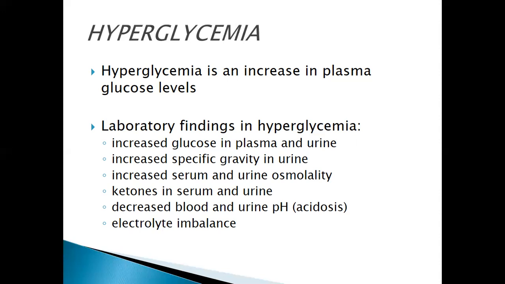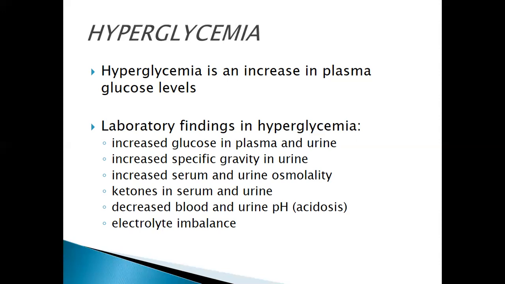Now, since the cells could not actually consume this glucose, maybe, for example, in patients with impaired insulin usage, what happens is that your body needs to find another source of energy. So in states wherein there is increased ketones, your body tends to metabolize your lipid stores or fats, eventually leading to production of more ketones.